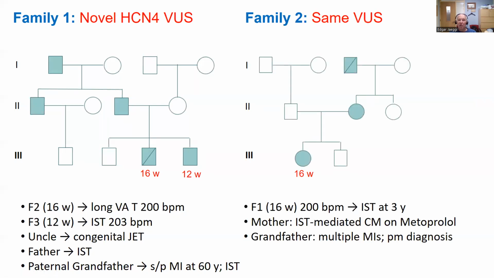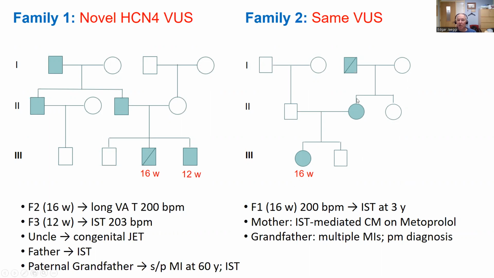We found the very same variant of unknown significance at this stage in another family, again, a fetus presenting at 16 weeks with incessant long VA tachycardia and the diagnosis of inappropriate sinus tachycardia at 3 years of life.